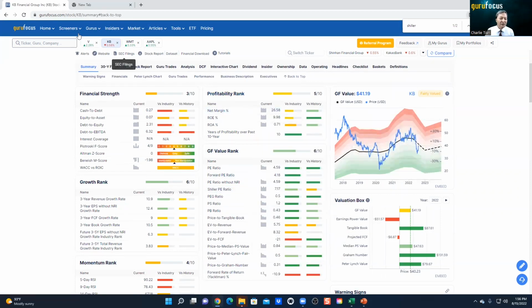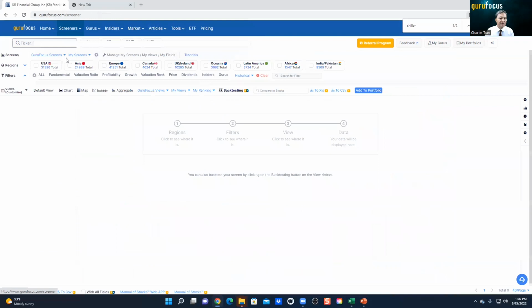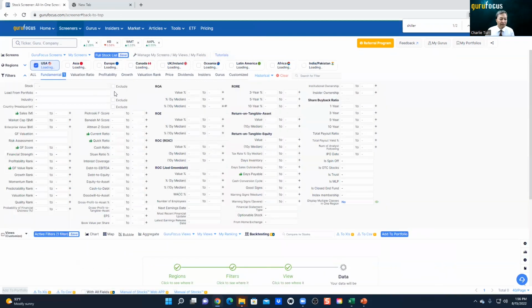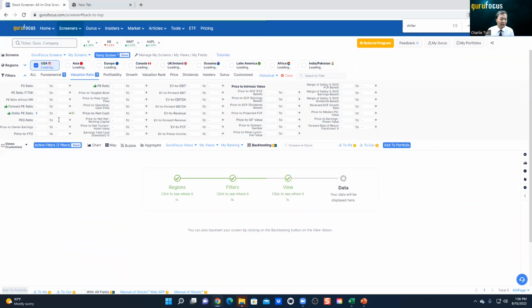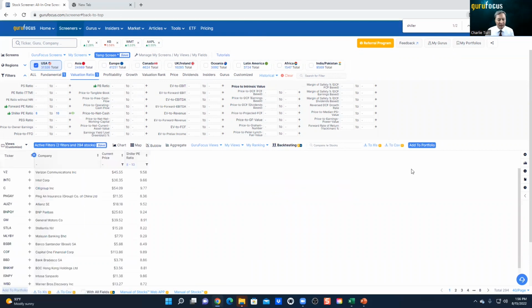You can also filter with the Shiller PE. If we come to the All-in-One Screener, the Shiller PE is under the valuation ratio here. You can filter with it. For instance, here I will filter stocks with a Shiller PE between 8 and 10, and it will give us a list with a Shiller PE between 8 and 10.